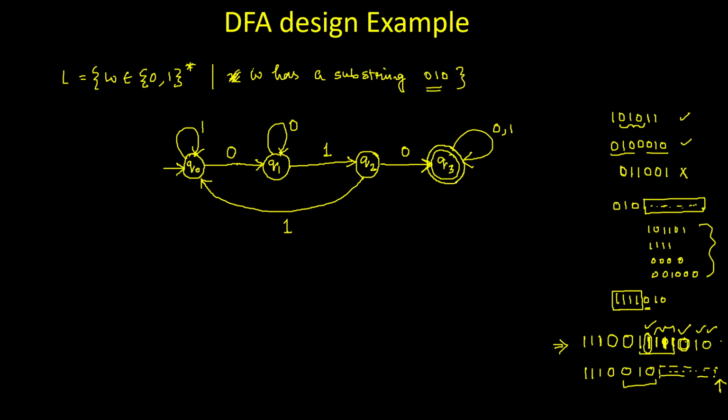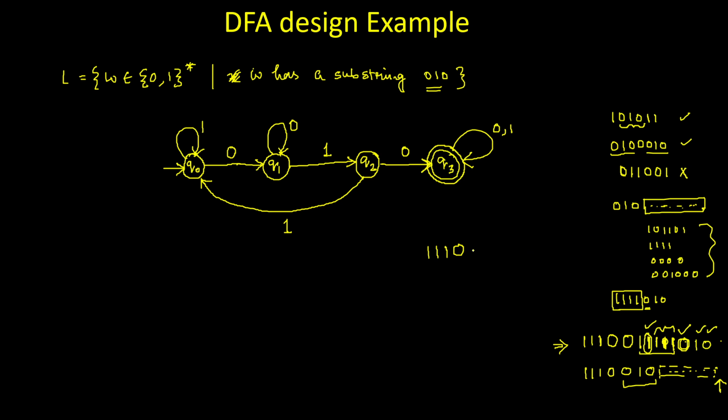Now if any other situation arises, for example, consider a situation where a number of 1s are present, say 3 1s, and then a 0 came. This 0 could be the first character of the substring, I don't know, the machine doesn't have any idea about the other characters.